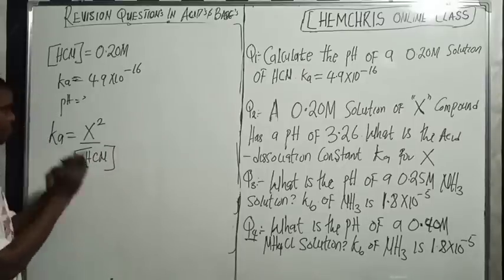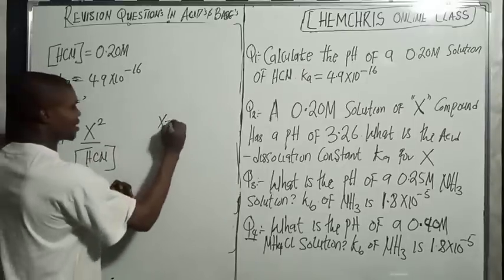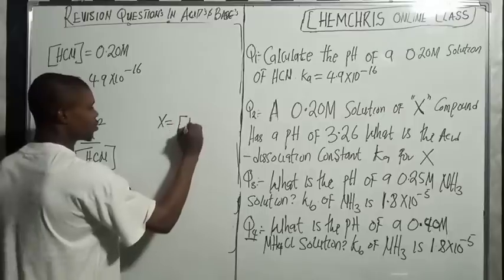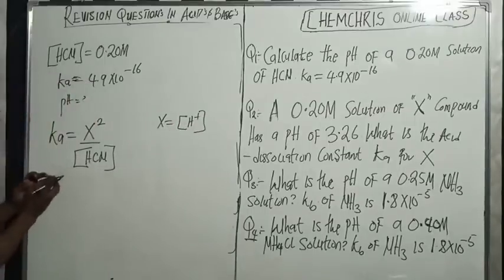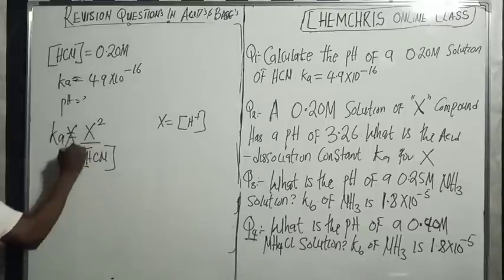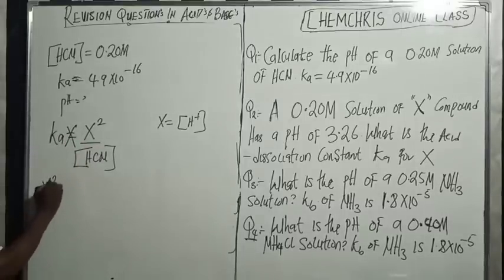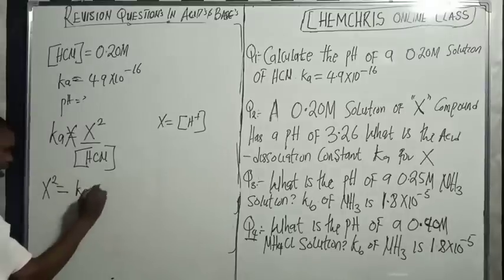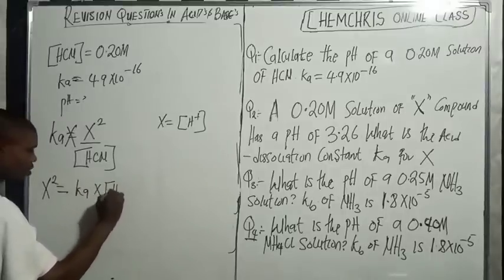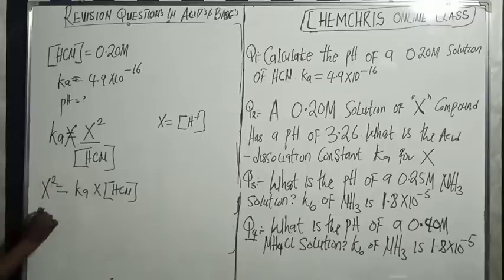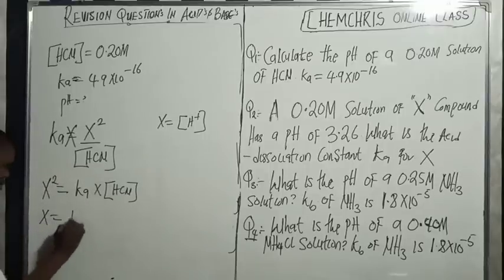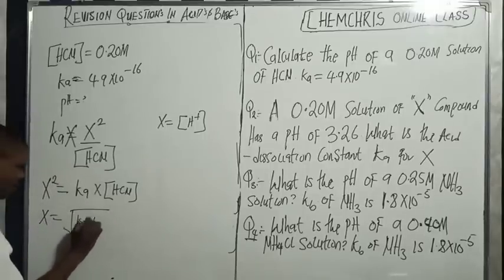But understand that X is equal to the concentration of H plus. Do you understand? So now, if you cross multiply, you have X square equals Ka times the concentration of hydrogen cyanide, right? So what I want to do here is to look for the square root. So X equals the square root of Ka times the concentration of hydrogen cyanide.